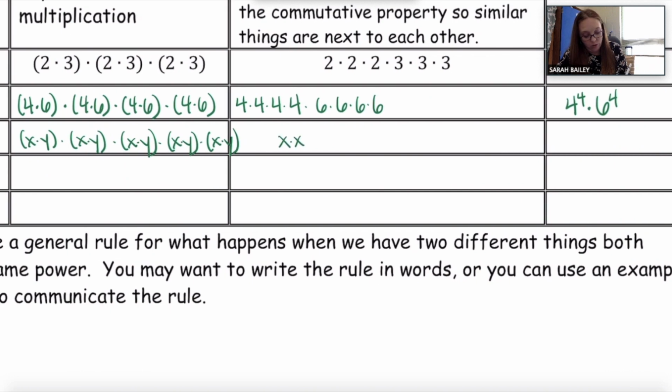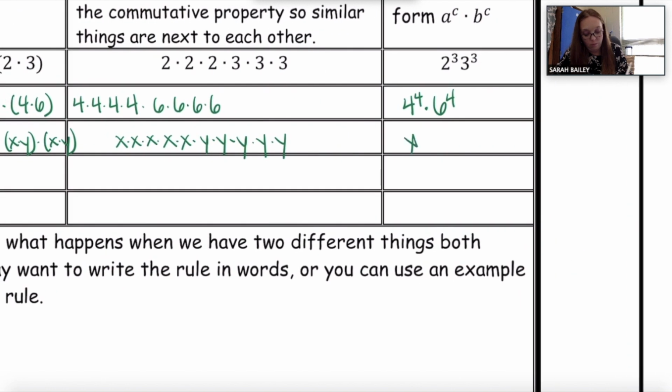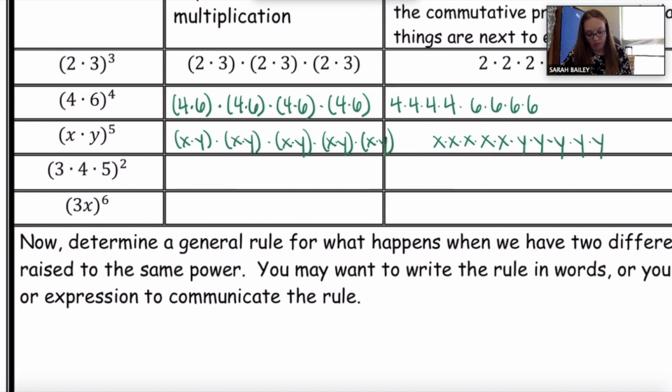So 1, 2, 3, 4, 5, 1, 2, 3, 4, 5. So I have 5 x's being multiplied together and 5 y's being multiplied together. So that would be x to the 5th times y to the 5th. That's it. Let's try another one.